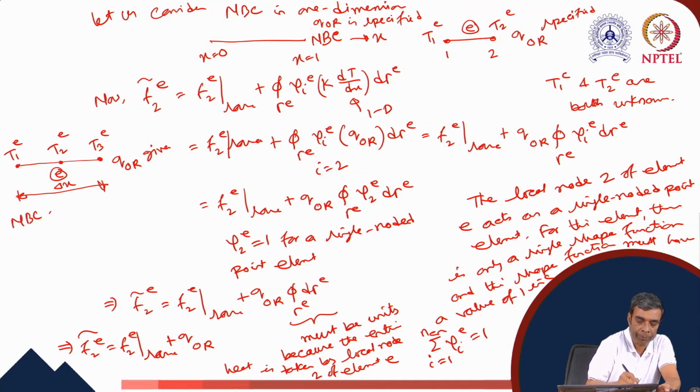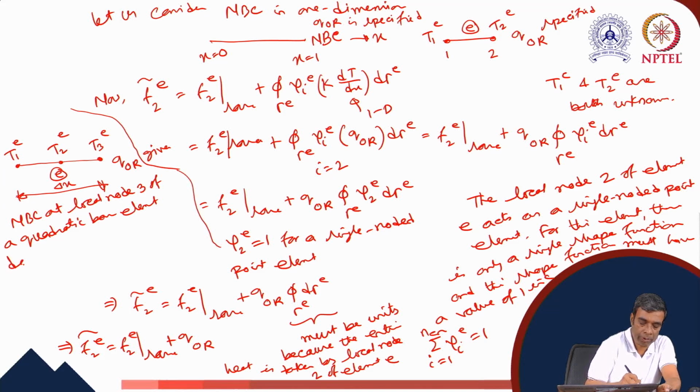The NBC at local node 3 of a quadratic bar element does not affect the load vector at nodes 1 and 2.